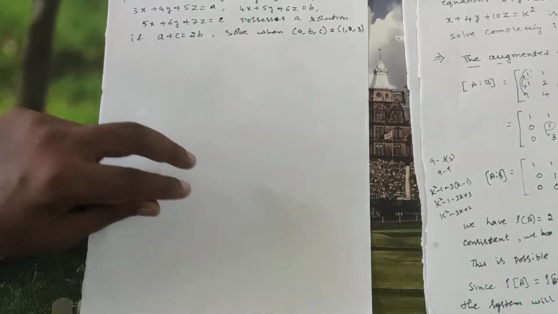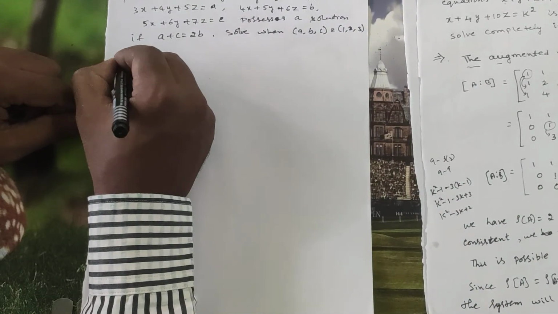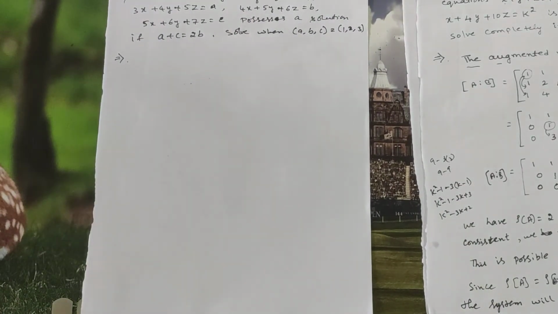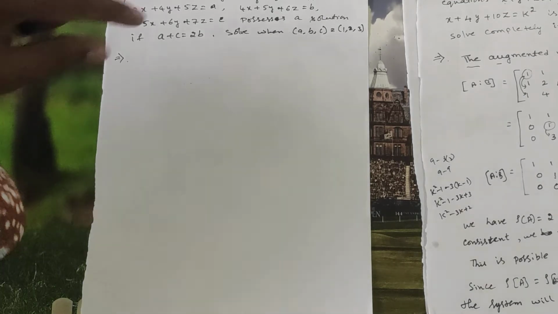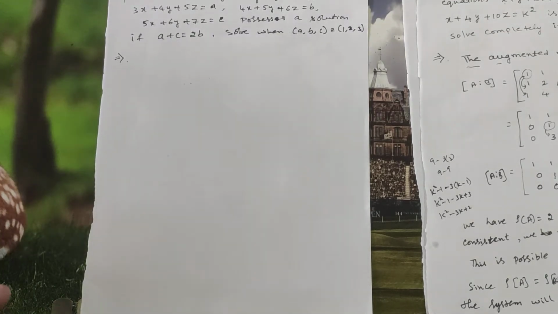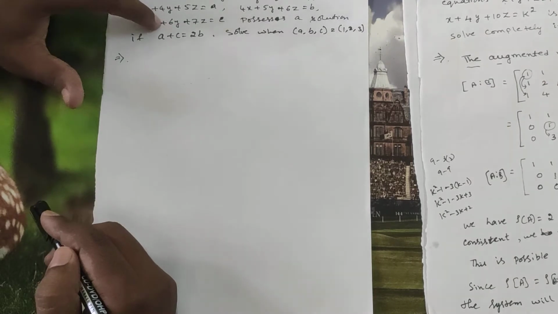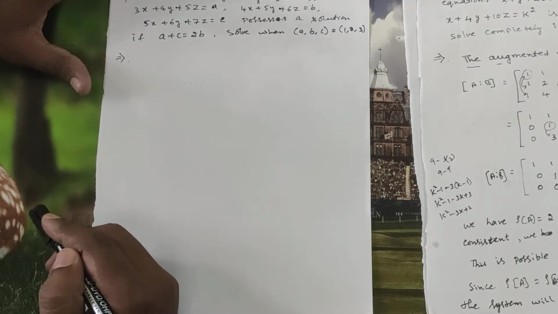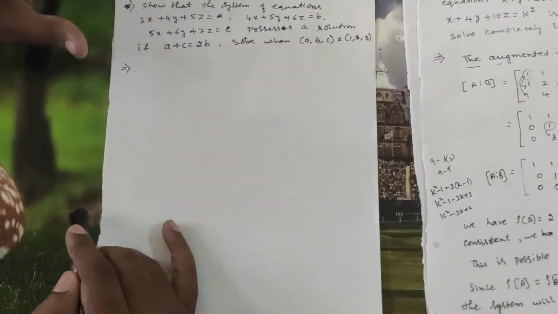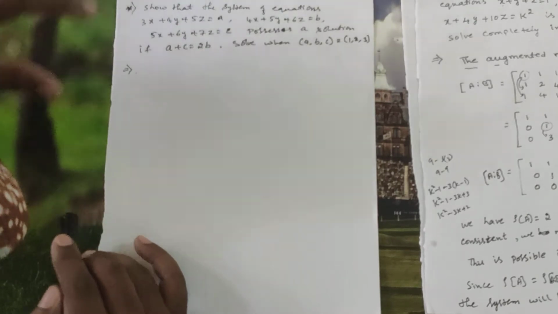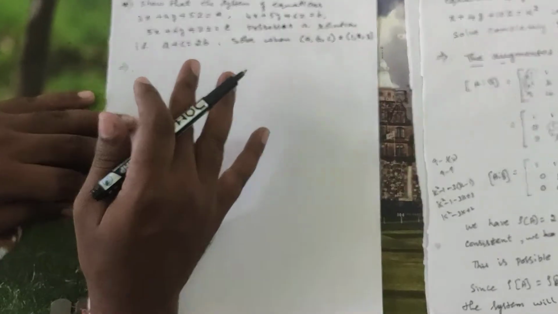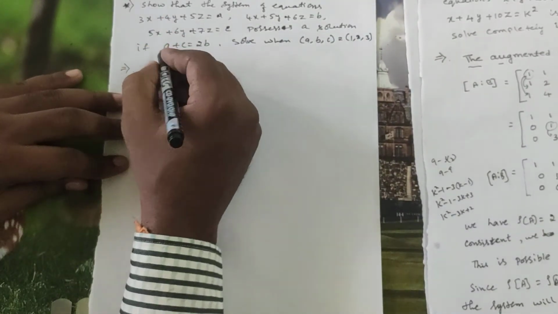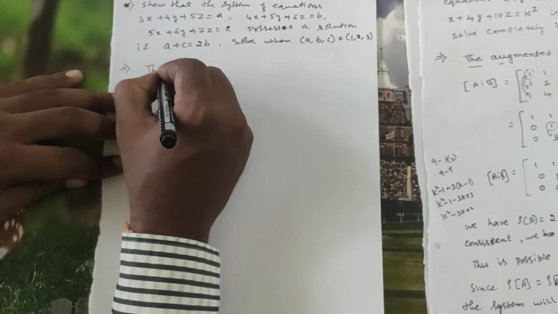Okay, so now the solution for this one. Here they told that the given system of equations has a solution. Solution means it is consistent. So first you have to write the augmented matrix.